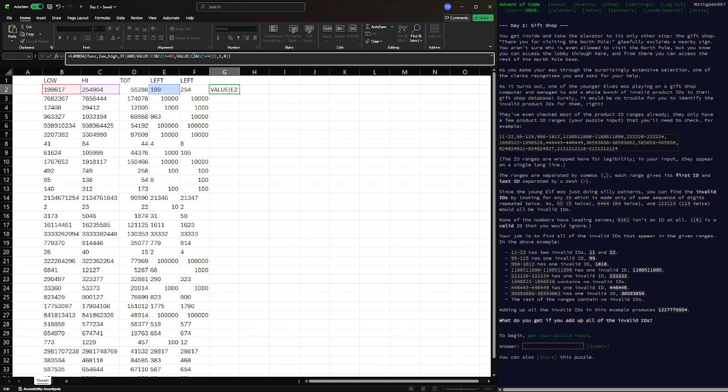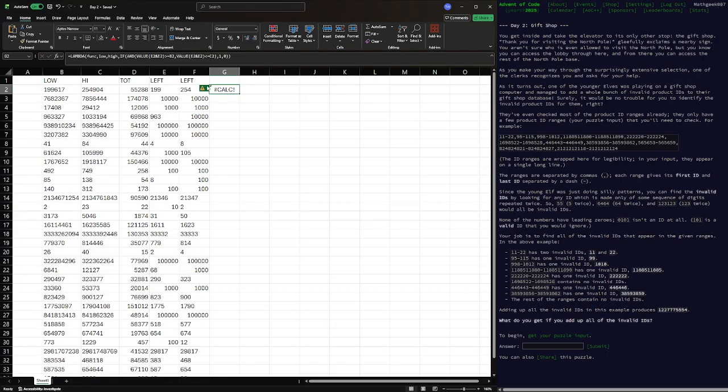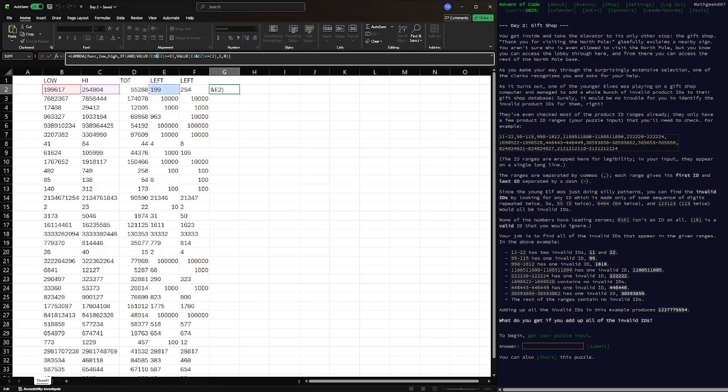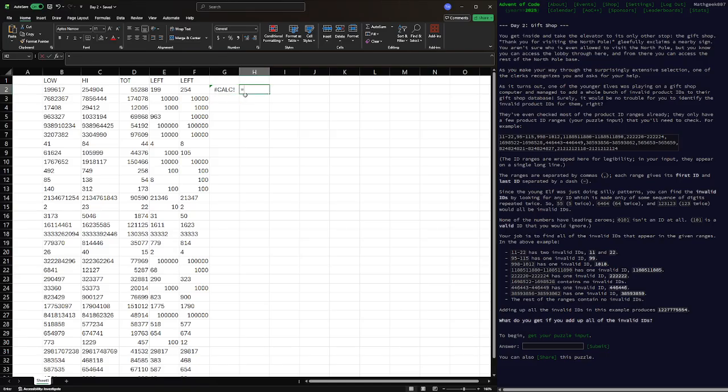Yeah, value. Where's the calc issue? Yeah, so that should work.